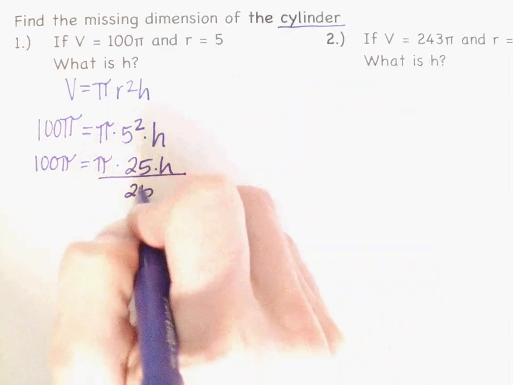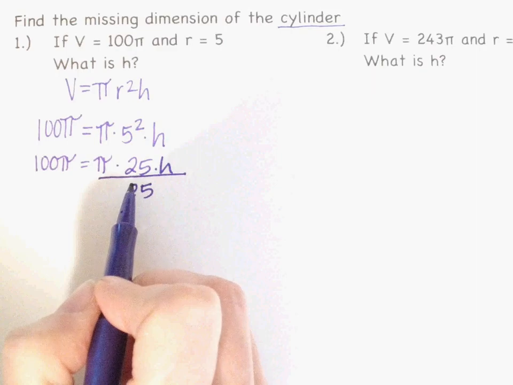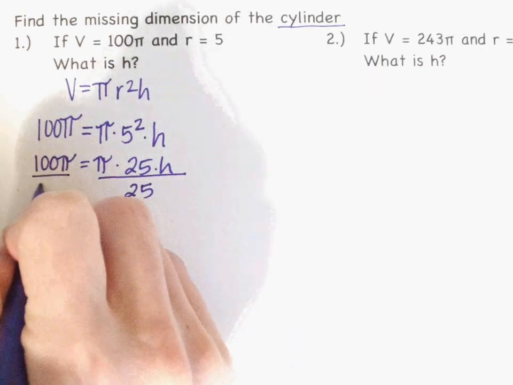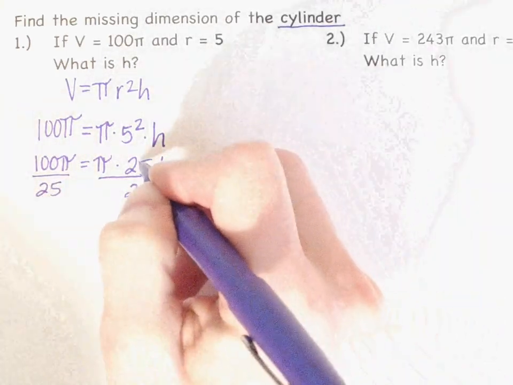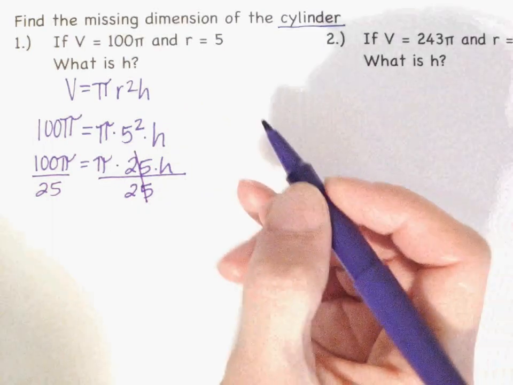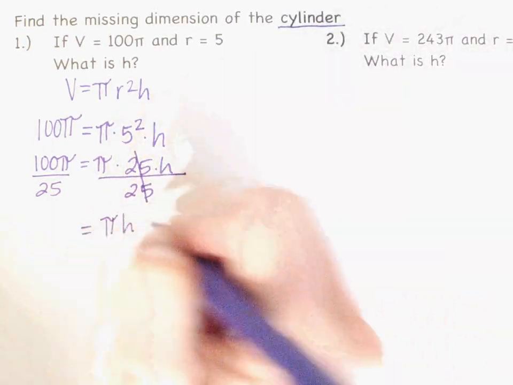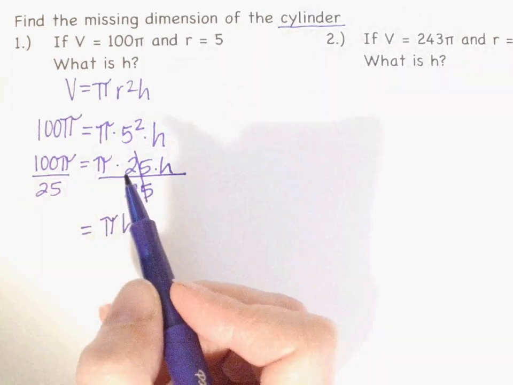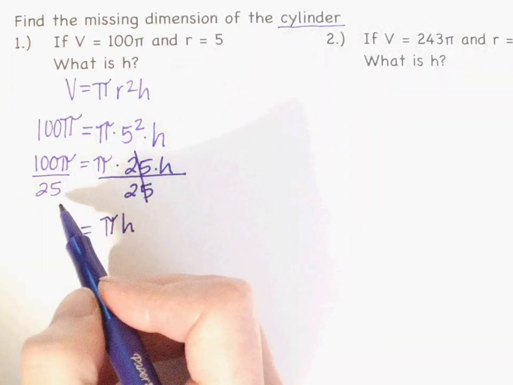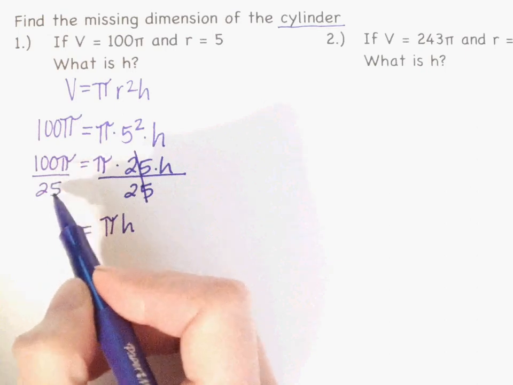I'll divide by 25. And if I do something to one side of the equal sign, I have to do it to the other. I'm going to divide out 25, and so on the right side, I'm left with pi h. On the left side, I have 100 pi over 25.